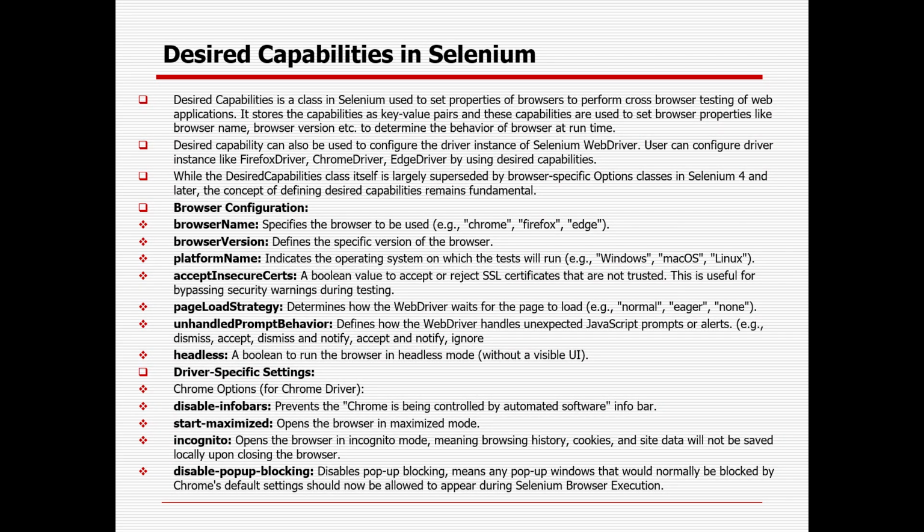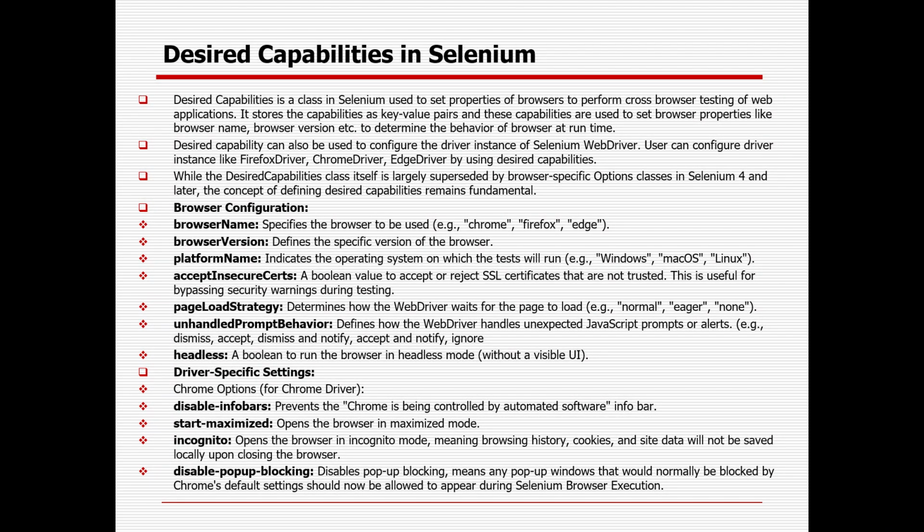But here, in case you change the browser version, you do not need to install the older version, and execution can still be done with version 128. So that is one of the major advantages: if you need to test different browser versions, you can also do it with the help of desired capabilities.